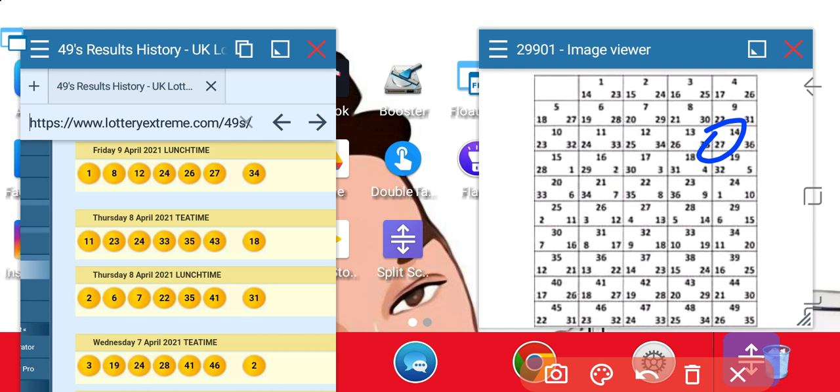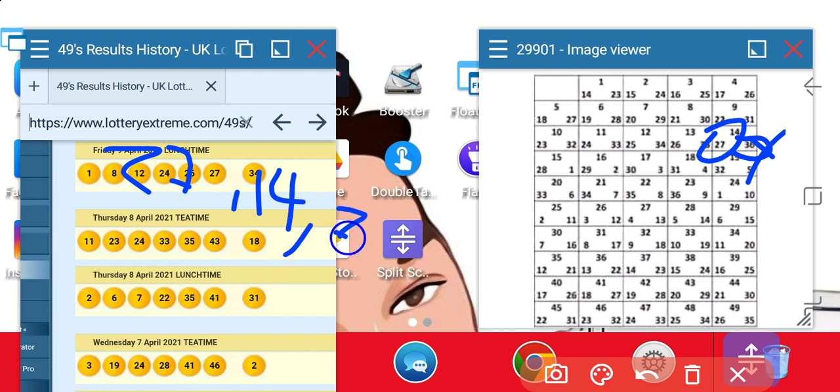You can even get numbers like this and be wrong. You can get 27, 14. This is an example, and here you get 20. You see, you can get numbers like this.